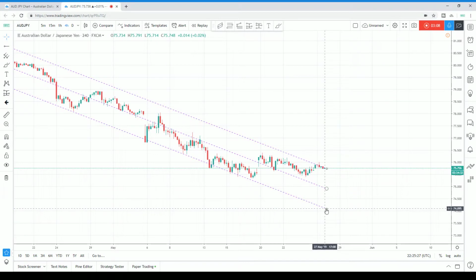And again, with that analogy of the elastic band, it would have a tendency to move back to the mean. Doesn't mean it's going to fully reverse, but it would have a tendency to move back to that area. So that would be a good time, either here or here, to take some money off the table or exit the trade completely.